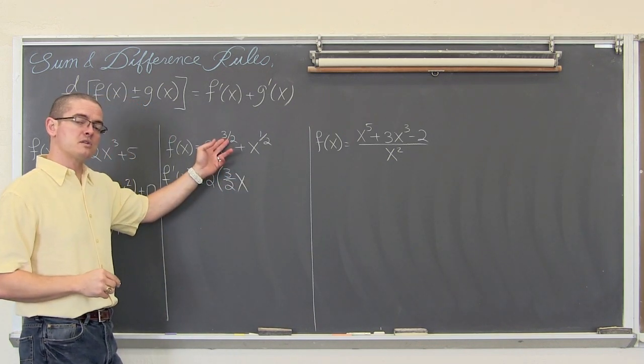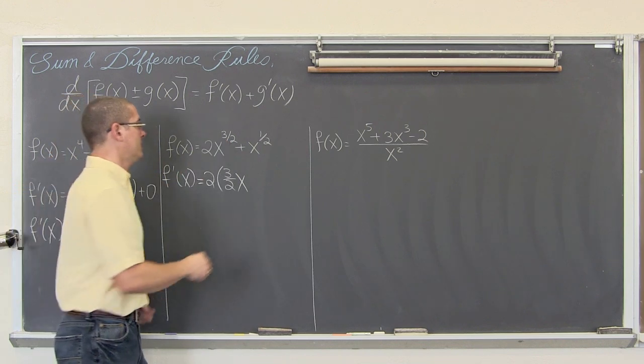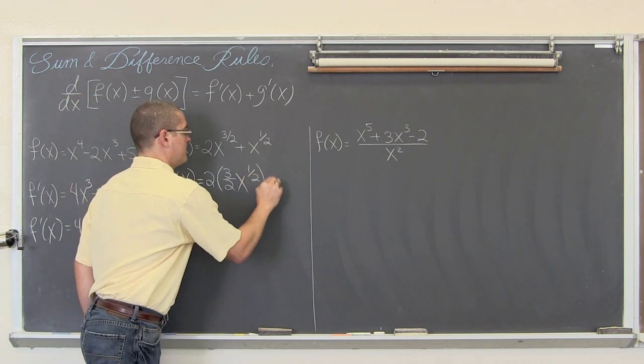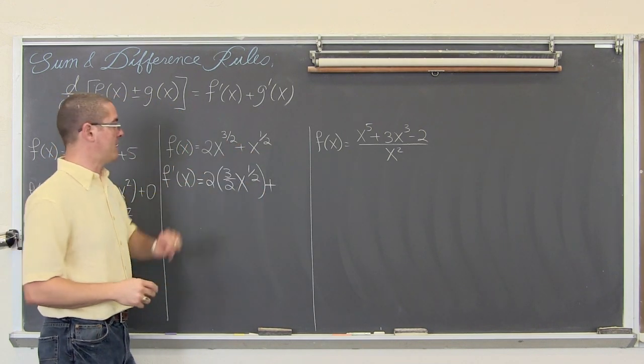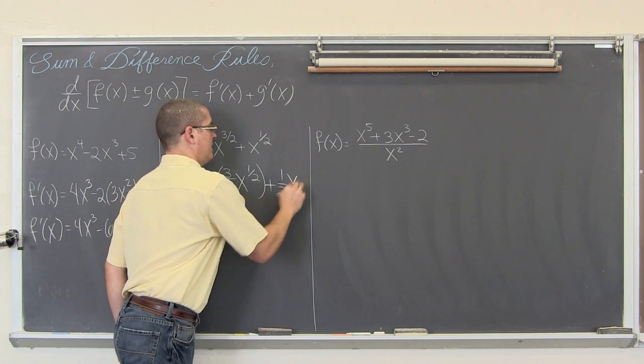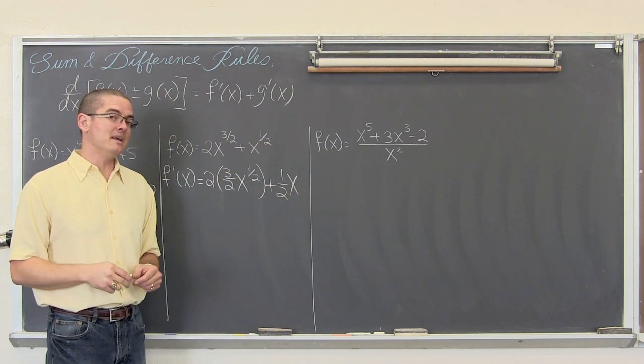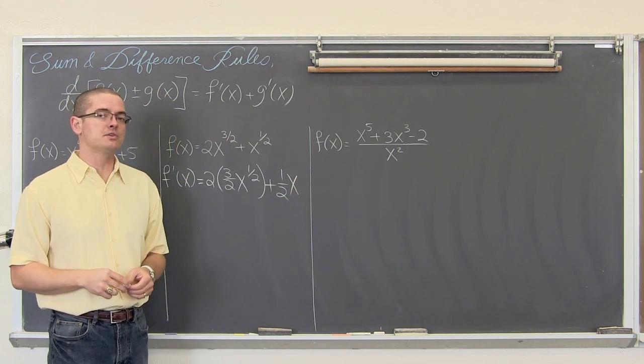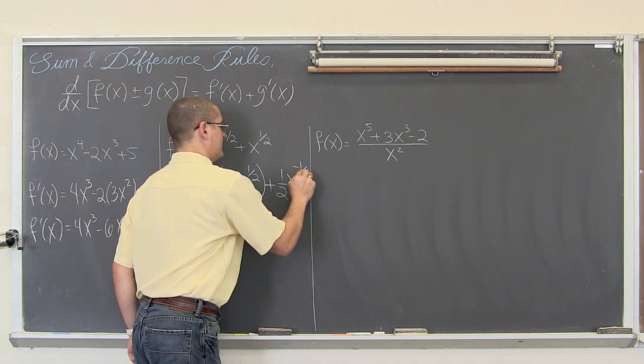Reduce this by 1, so we subtract 2 over 2 and get 1/2. Plus, take this exponent, drop it out, so we're going to have 1/2, and then x to the 1/2 minus 1, 1/2 minus 2 over 2, which is going to be negative 1/2.